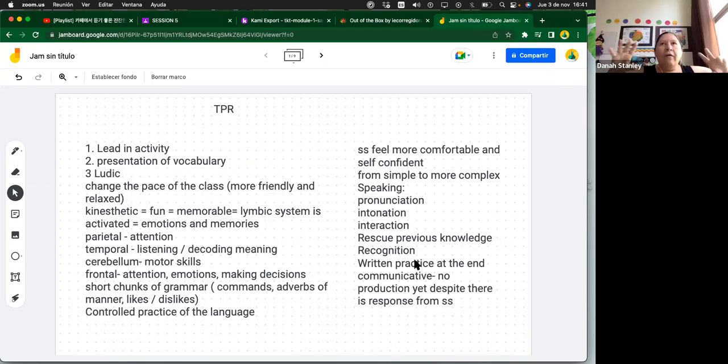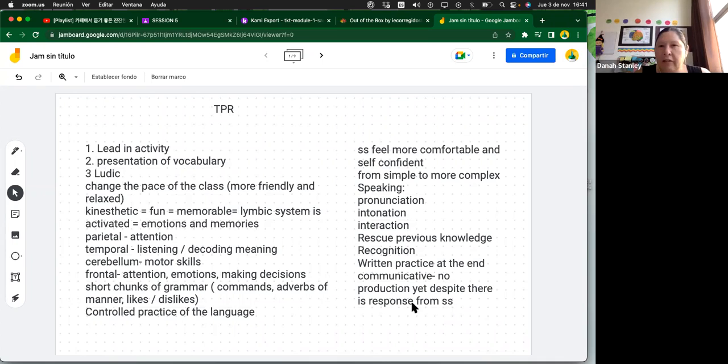The teacher never translated or never said something extra. For example, the girl who asked for the clothes, the duster, the teacher was even throwing it in order to make the student have a clear idea of what the teacher was talking about.